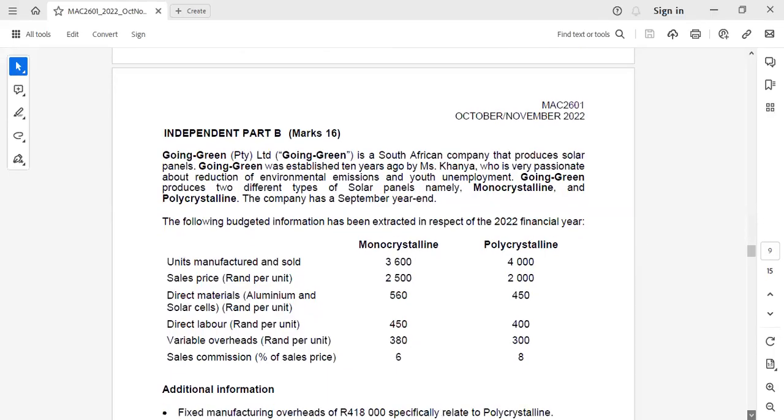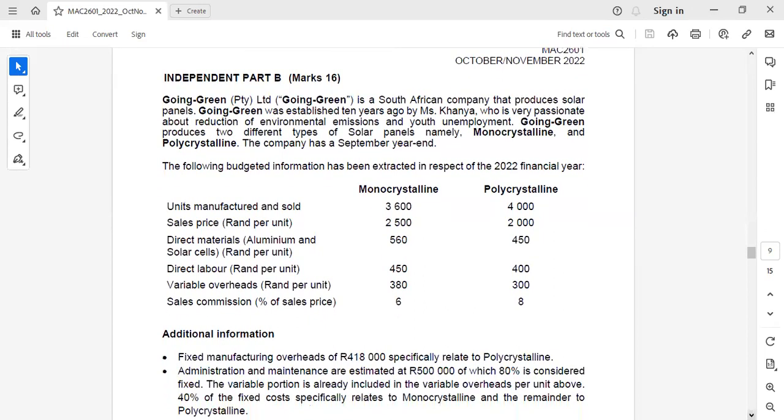Going Green is a South African company that produces solar panels. Going Green was established 10 years ago by Ms. Kanya, who is very passionate about reduction of environmental emissions and youth unemployment. Going Green produces two different types of solar panels, namely monocrystalline and polycrystalline. The company is a September year end. Let's go to the required.